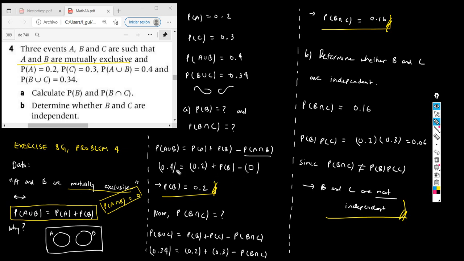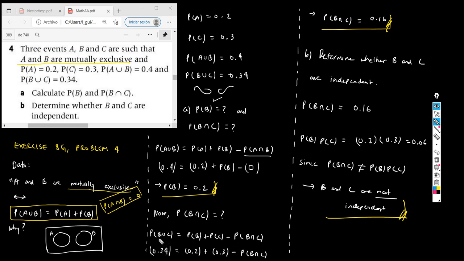So that's it. This equation already allows you to calculate the probability of B, and that's going to be 0.2. So that answers this part of the question. So this is done. And now calculate the probability of B and C. So let's do it. First, once again, let me use the same formula for the probability of B or C. That's equal to all of this.